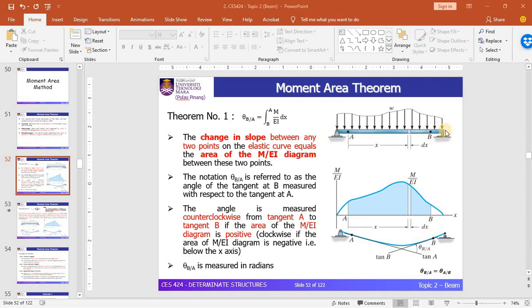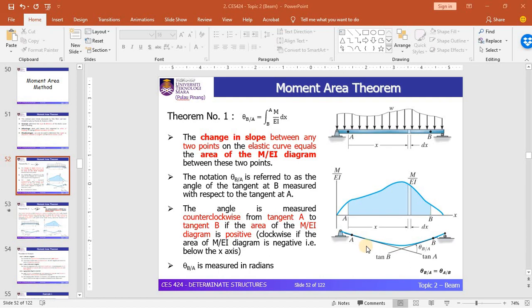Let's say we have a simply supported beam loaded by a UDL, and let's consider point A and point B along the beam. This beam will deflect as you can see in the third diagram, which we call the elastic curve diagram for the beam.